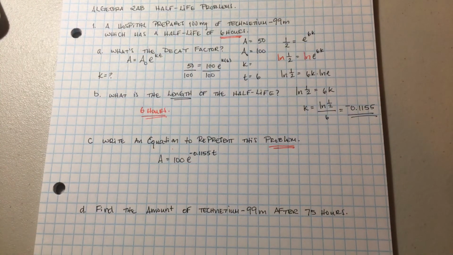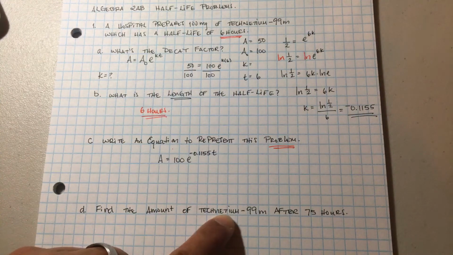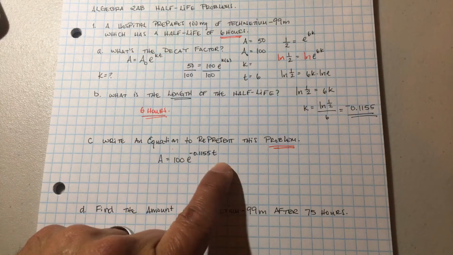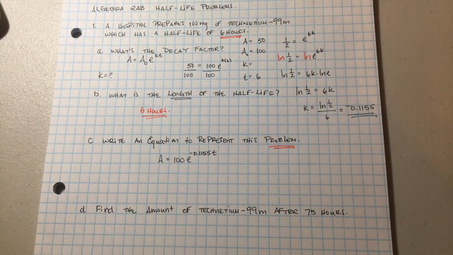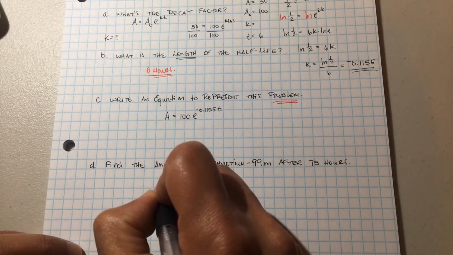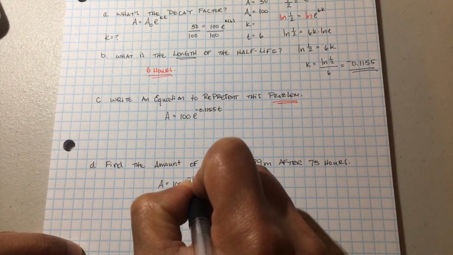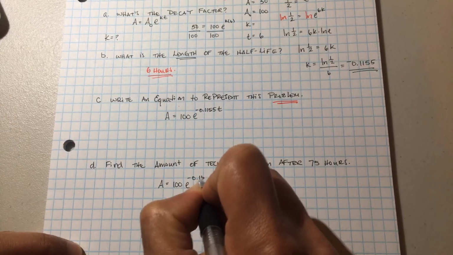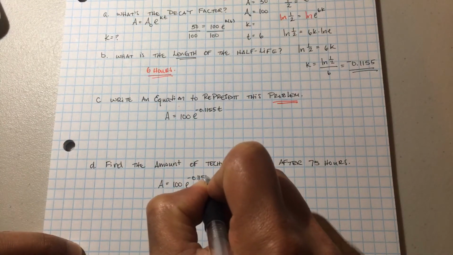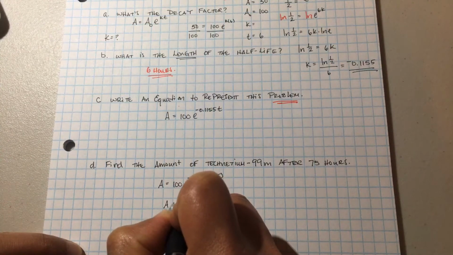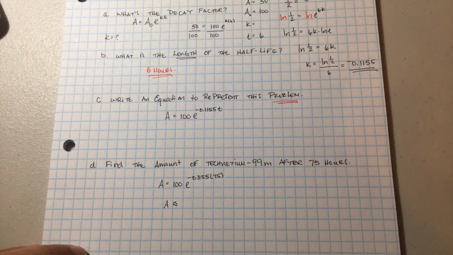Now it's asking us, okay, find the amount of technetium-99 after 75 hours. Well, what do I do now? Just plug in that 75 in there and use my calculator. So let's see here. A is equal to 100 e to the negative 0.1155 times 75. And all I got to do now is just plug it into my calculator.